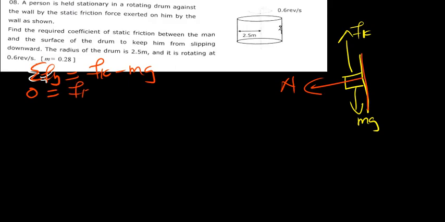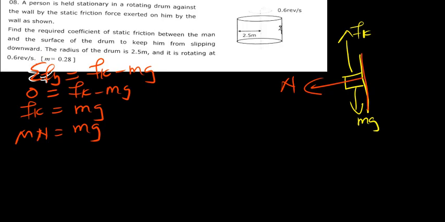This is Fk minus mg. Shift mg to the other side, this becomes Fk equal to mg. What is Fk, which is the friction? It is mu times the normal force, equal to mg.